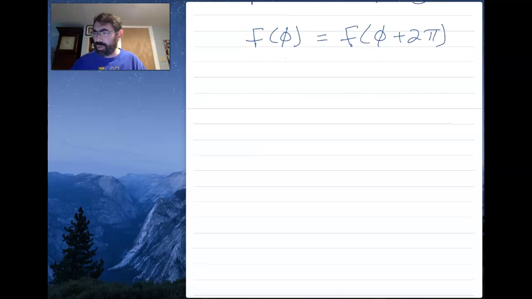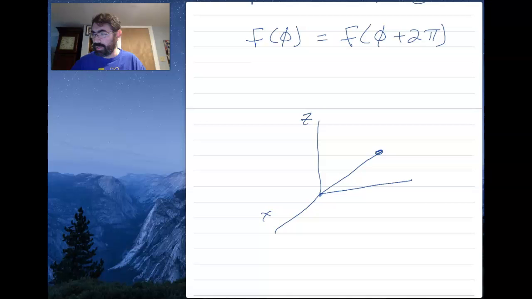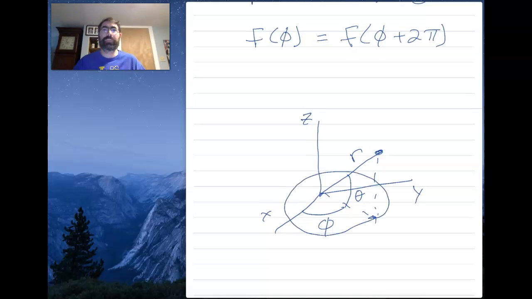So if I was to draw this out in spherical coordinates, this is my angle phi, this is my angle theta, and this is the length r. And when I rotate all the way around the circle and get back to where I am, it has to be the same.